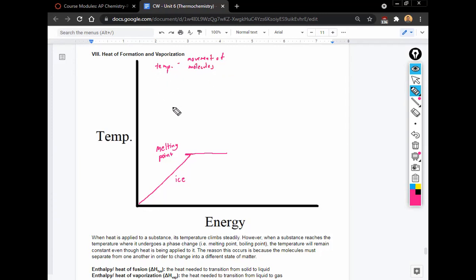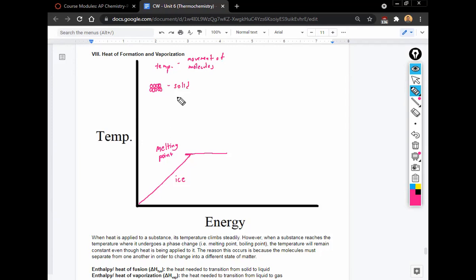Now, once you get to the melting point, let's talk about solids. How are molecules interacting with each other when they're solid? Not much. They're kind of stuck together, right? They're pretty set in place, like in line. They're set in place like this for a solid. But what about for a liquid?